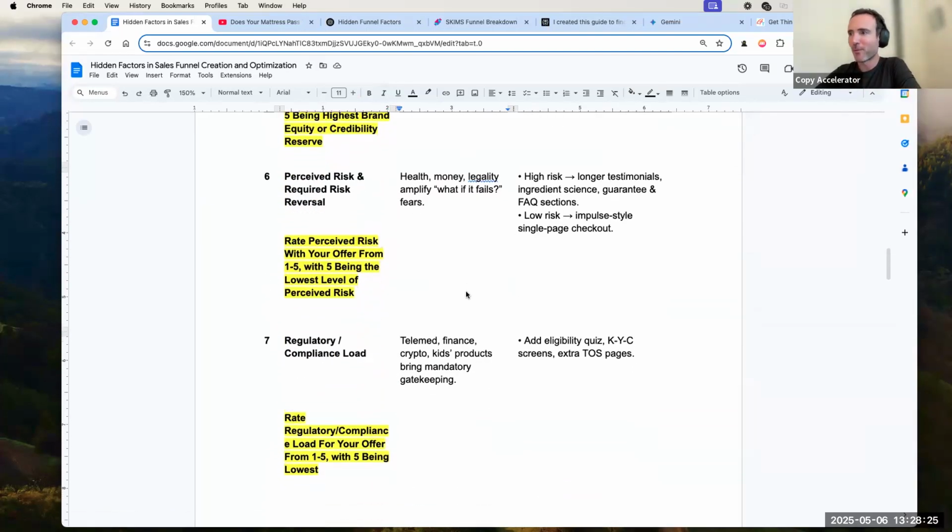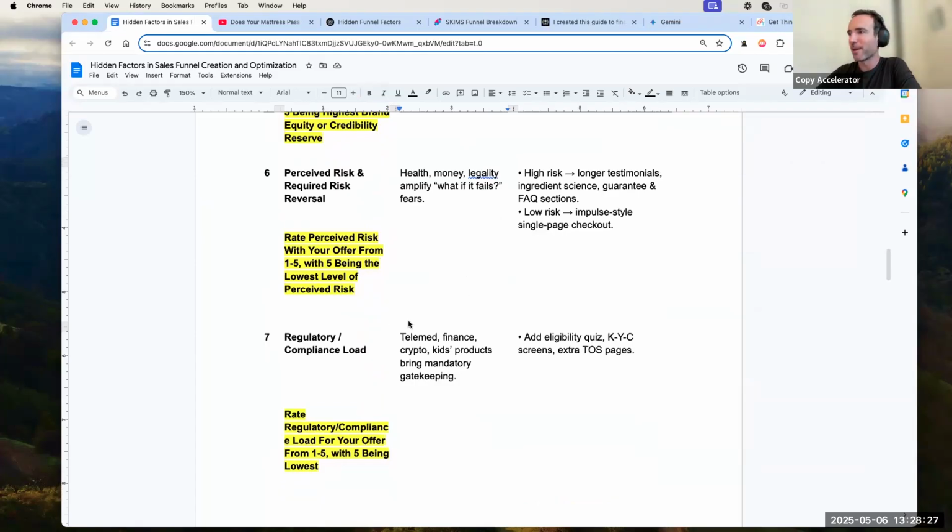So number 7 is regulatory compliance load. This is kind of niche. The point is that if you're in a highly regulated space, like we are with telemed, you're going to end up with more steps. For example, in telemedicine there might be extra terms and services pages, but there's also a whole eligibility quiz to make sure you actually qualify.